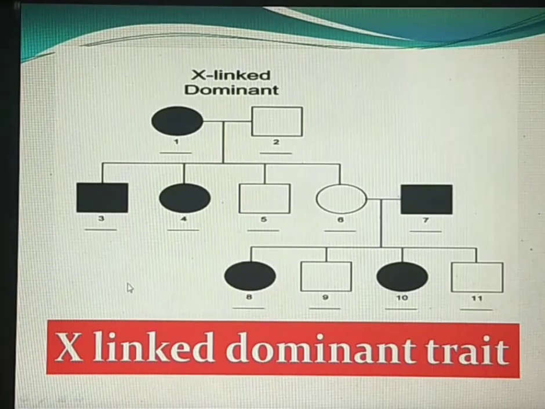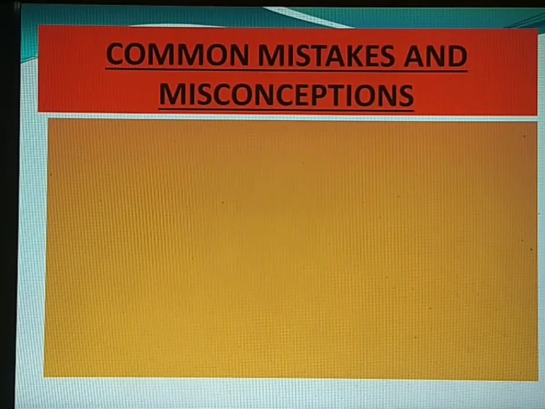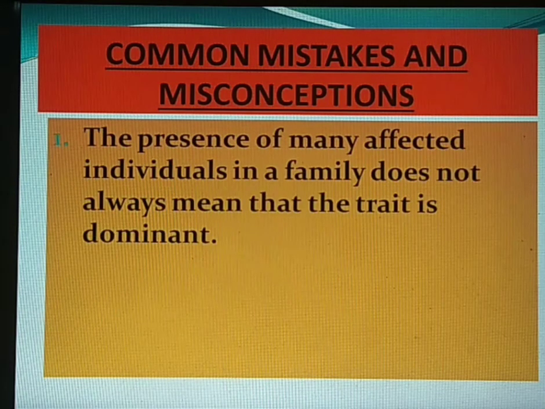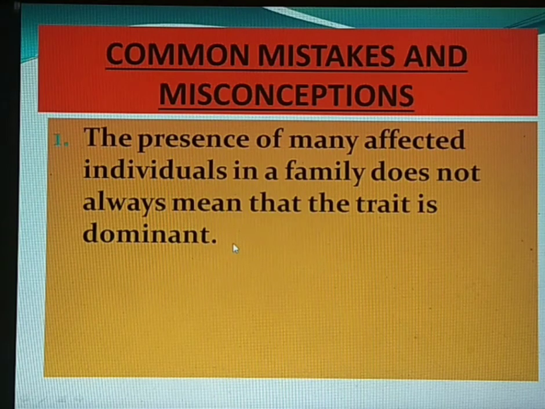So this is about the rules which we should remember. Now some common mistakes or misconceptions made by most people. The first one is that the presence of many affected individuals in a family does not always mean that the trait is dominant. We usually think that dominant traits are the ones seen in most of the individuals in a family, but it is not so.